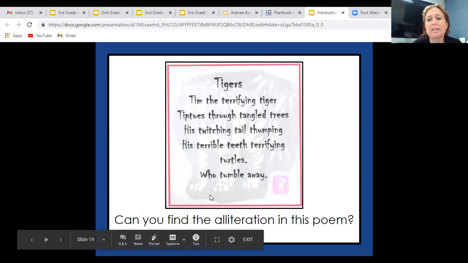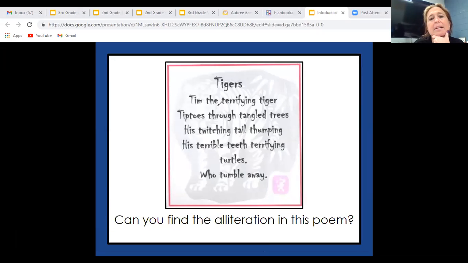Can you find the alliteration in this poem? So let me grab my pen. All right, tigers. Tim, the terrifying tiger, tiptoes through tangled trees.